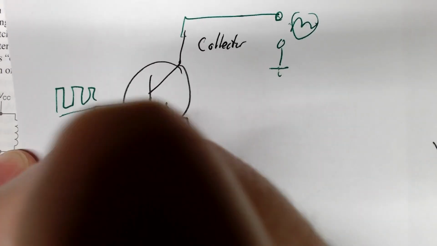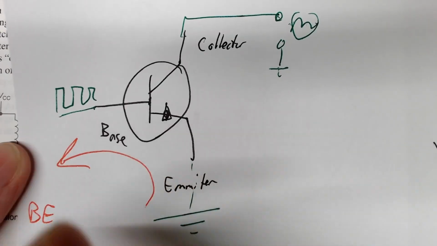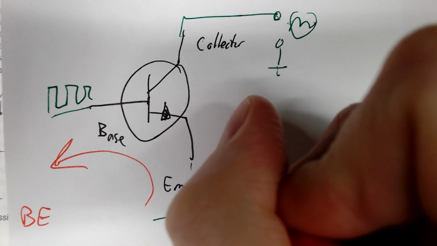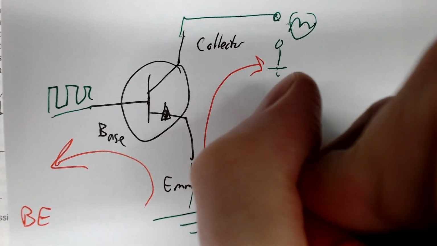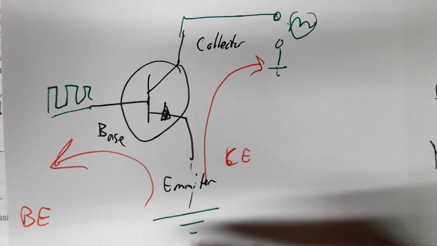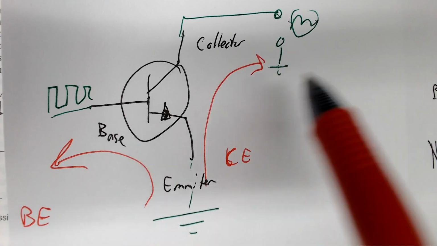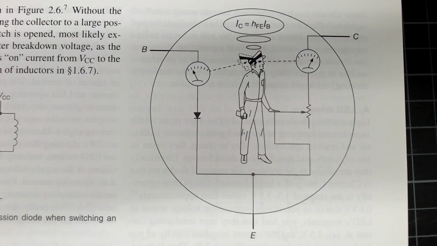There's this flow, which is the base to emitter flow, and there's this flow, which is the collector emitter flow. These are the two current flows that we care about. How things change from base to emitter affects how things change from emitter to collector.